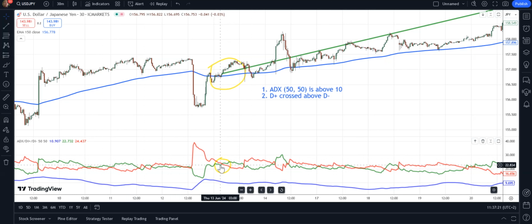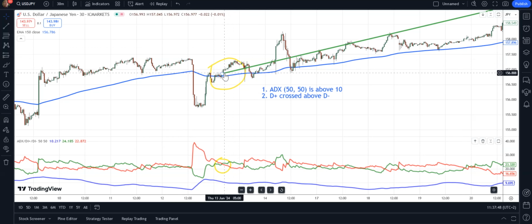You can add as a parameter that, for example, the cross needs to go a further distance or time before you enter a trade. These kinds of things, in my opinion, are not the best, but you can trade those as well. I am looking for the perfect, clear crosses. So this cross happened here.